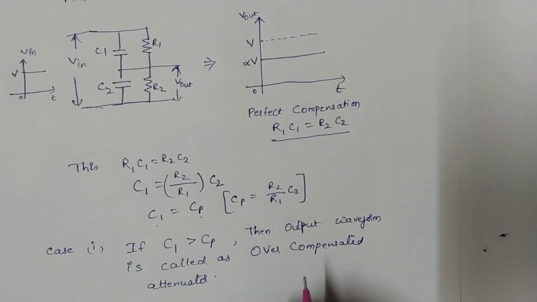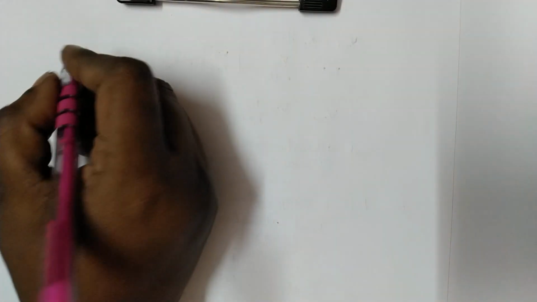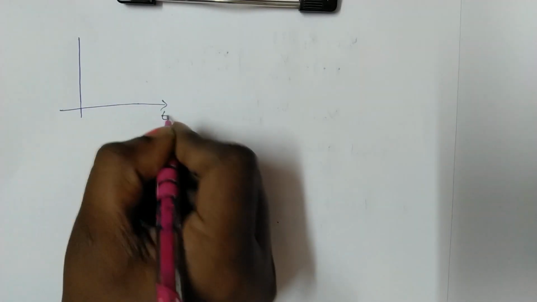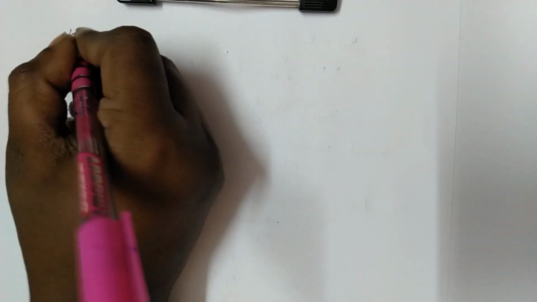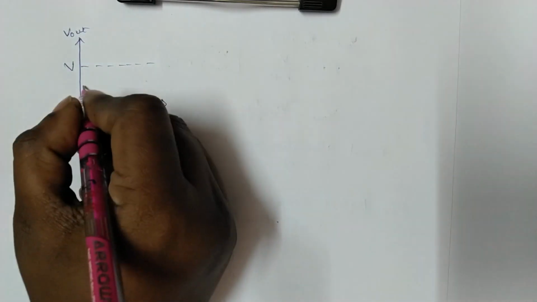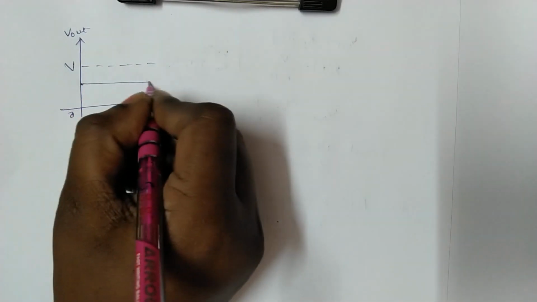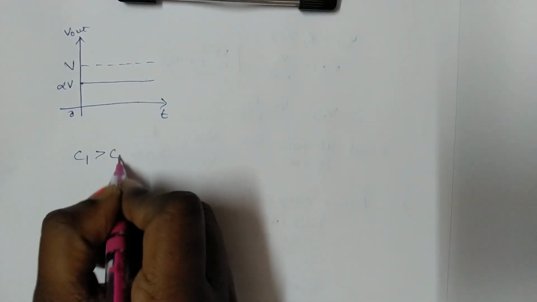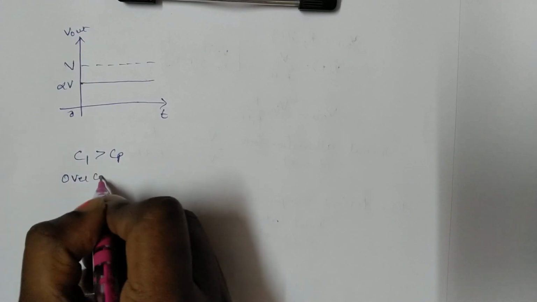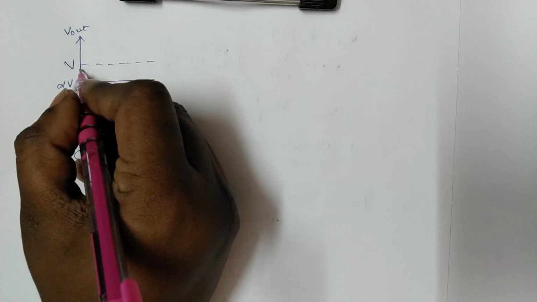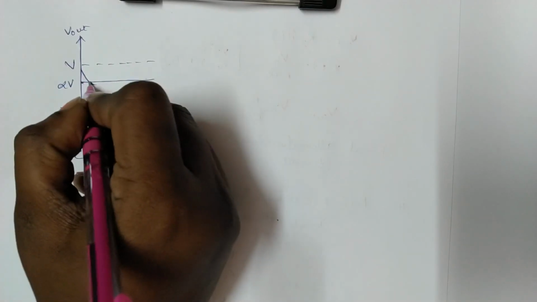Okay, how will it be represented? We can see this. It will be represented like this. See here, this is the time period, and this is the output waveform. The dotted lines indicate the actual input signal, but we will get the output as alpha into V. When C1 is greater than Cp, that is overcompensated, the output waveform is represented like this. Here the output waveform will start from here.